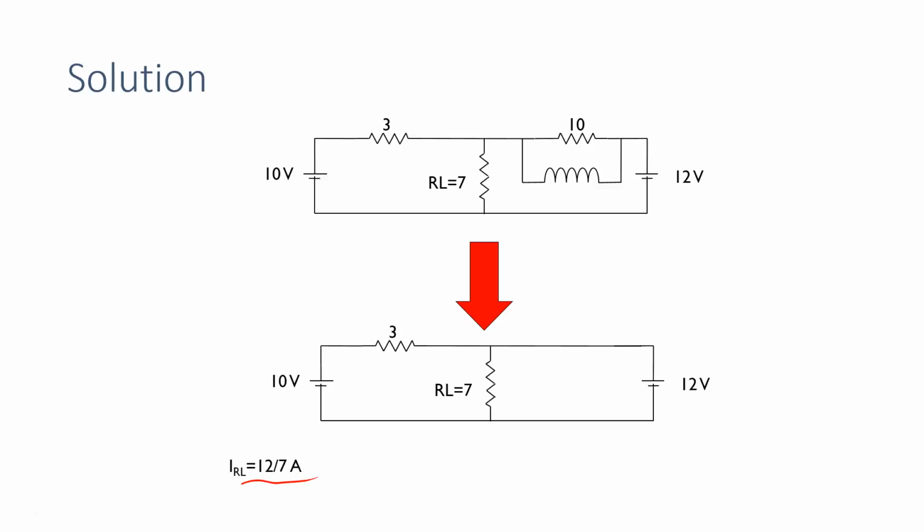Remember again, this is only for steady state. We're going to look at the transient response in a little while, but when it comes to the transient response, we don't do this sort of substitution. This is only for steady state.